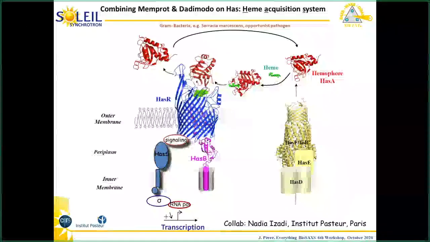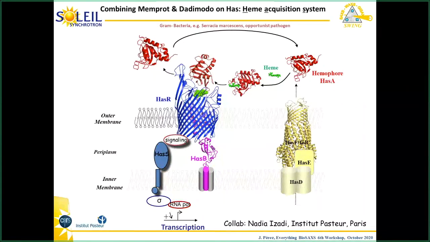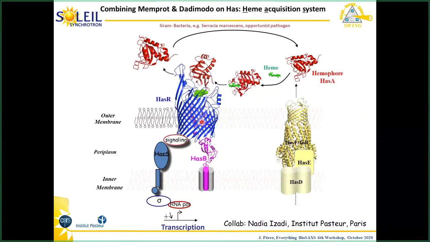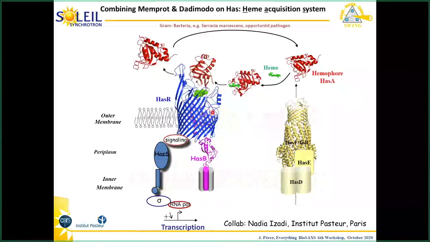So, we applied then this two-step strategy to a more interesting problem, which is described here from a structural biology point of view. We have this transmembrane protein from a gram-negative bacteria, so with two membranes here, which is an opportunist pathogen.